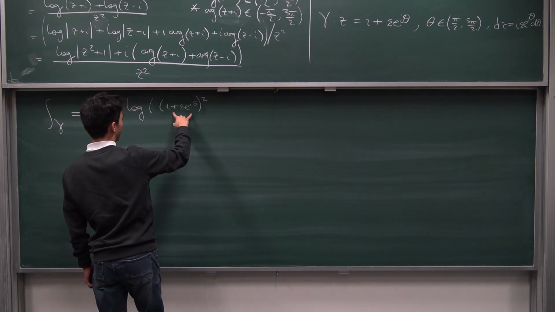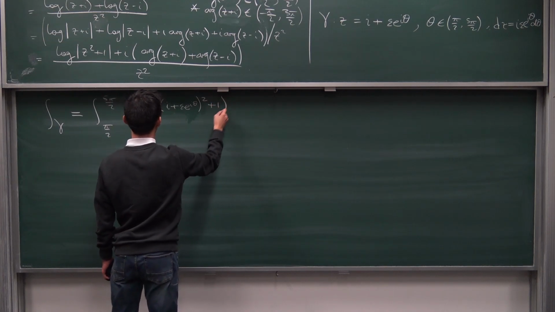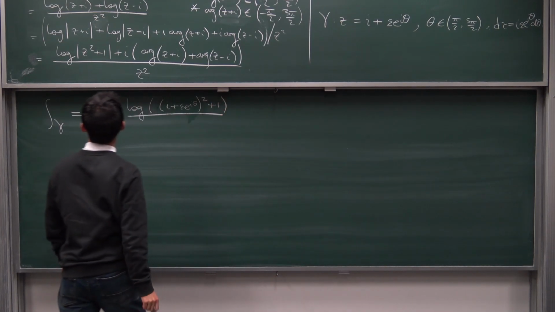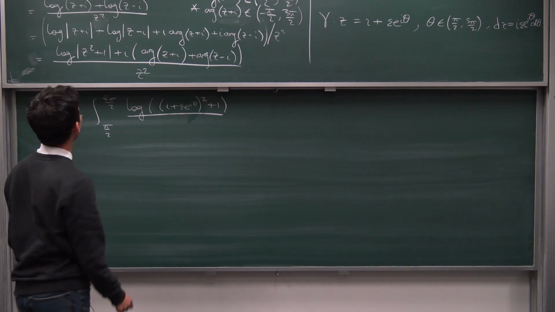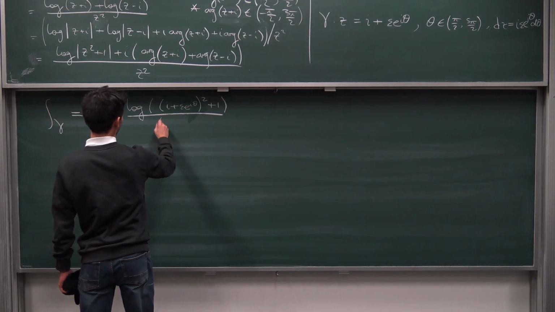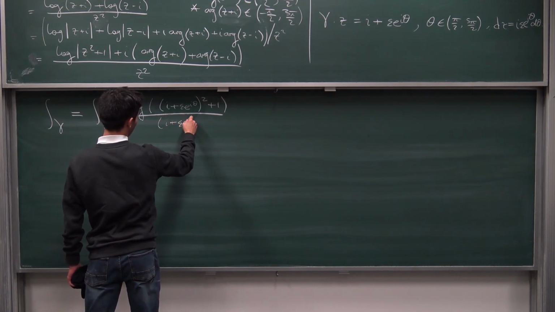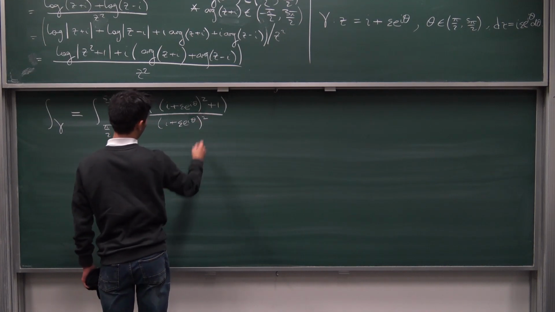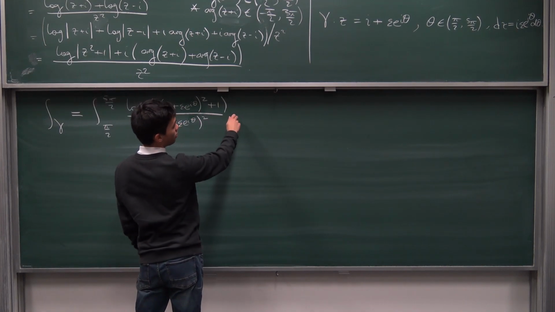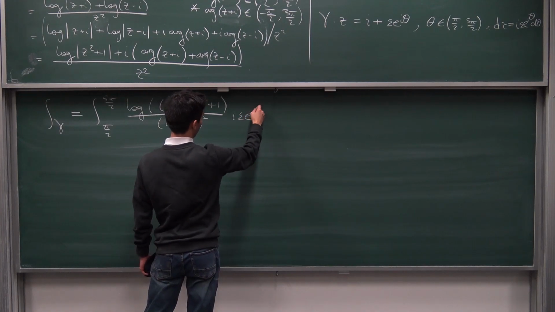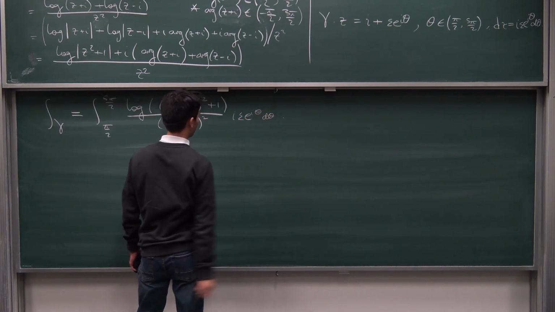This is squared, and then we have plus 1. All of this is divided through by z squared, so that's i plus epsilon e to the i theta, squared. And then dz, that's i epsilon e to the i theta d theta.